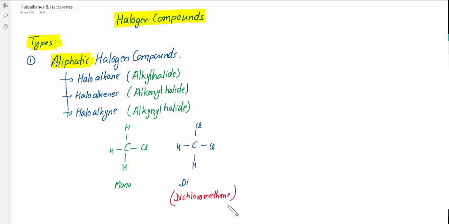They are always taken as substituents, not as a functional name. Right. So this was the monoderivative, same way there will be tri and tetra as well.